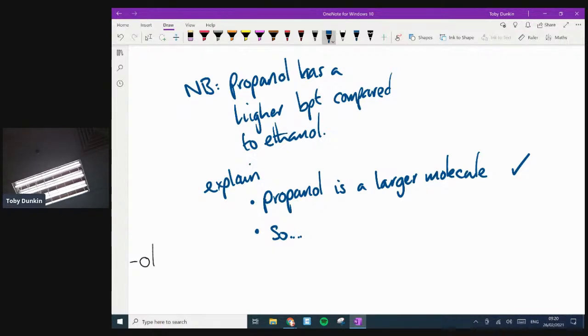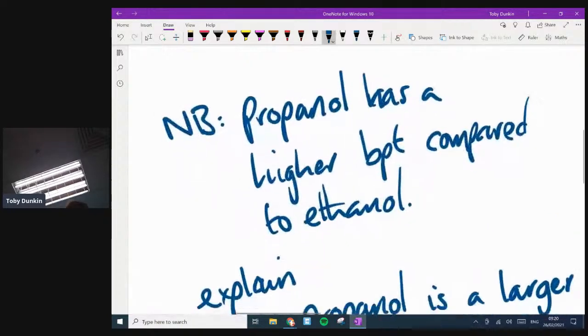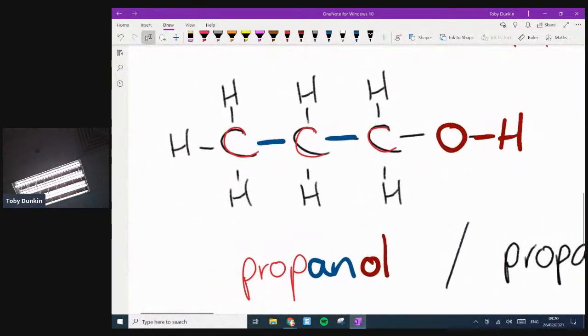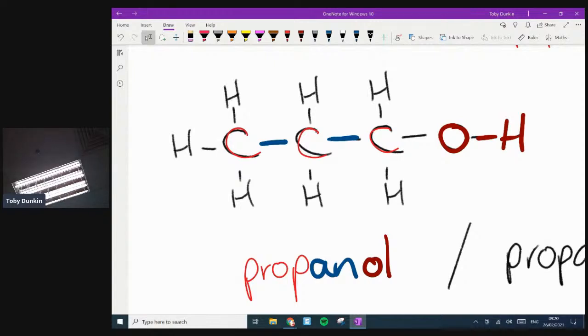Okay, Shan, I'm going to go back to you for a second. Can you tell me, so ethanol has a low boiling point, 5 marks. Why? What's its structure? Well done. The structure is simple covalent.